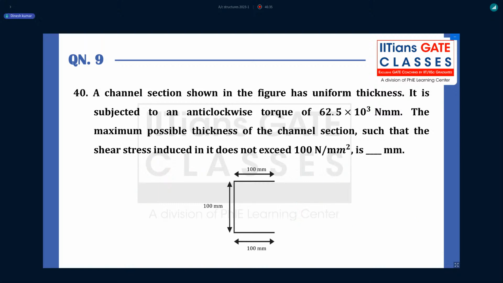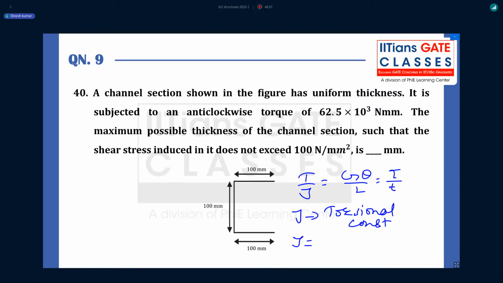And how do you find this torsional constant J in T by J equals G theta by L equals tau by t? For a thin walled open section, J is given by 1 by 3 sigma b t cube. You can remember this formula.